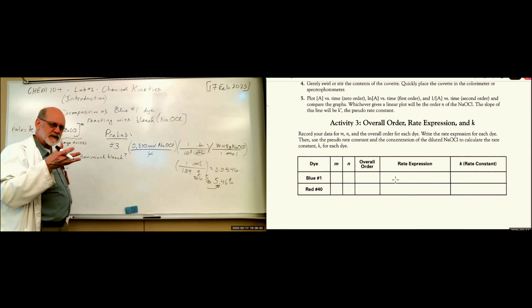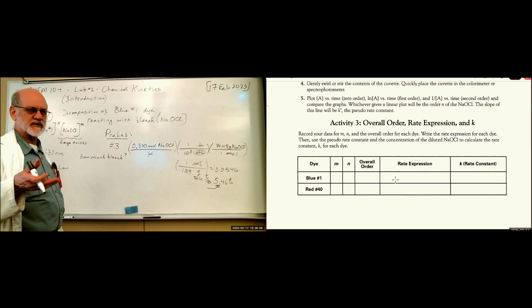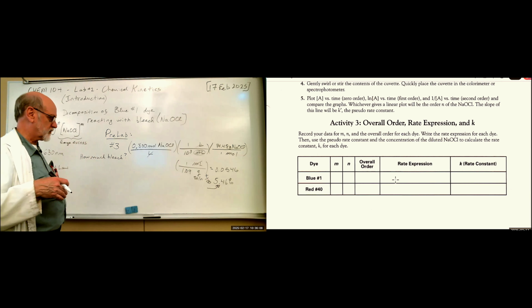You've got two ways to express the absorbance of light in your spectrophotometer. One is percent transmission. This is nonlinear. We don't want to use that one. So we've got an absorbance, which is a logarithm of that value.